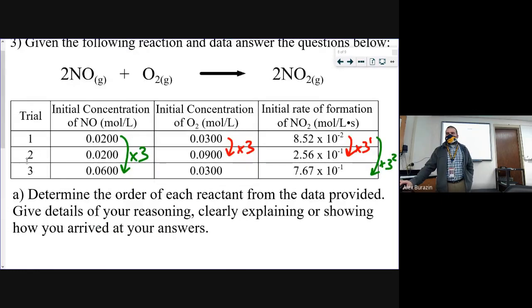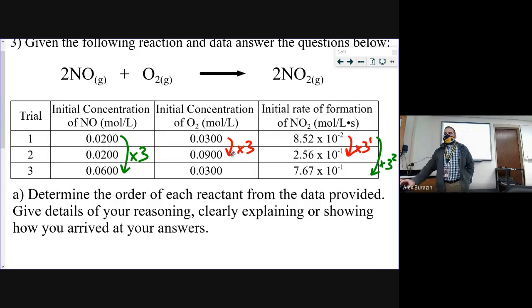So I had 3 trials here, with 2 different reactant molecules, nitrogen monoxide and oxygen gas. If I look at trials where one of these is held constant, for example trials 1 and 2, the concentration of NO is held constant and the concentration of oxygen is tripled. I can analyze how that change in molarity affects the rate of the reaction.